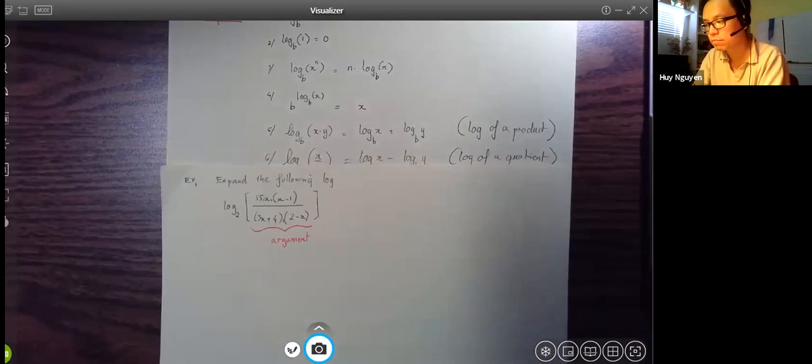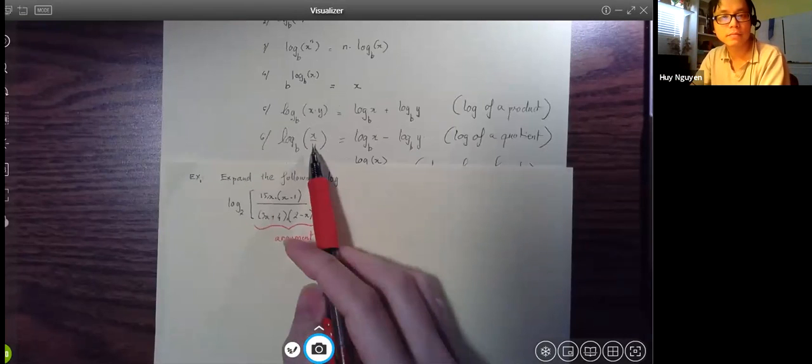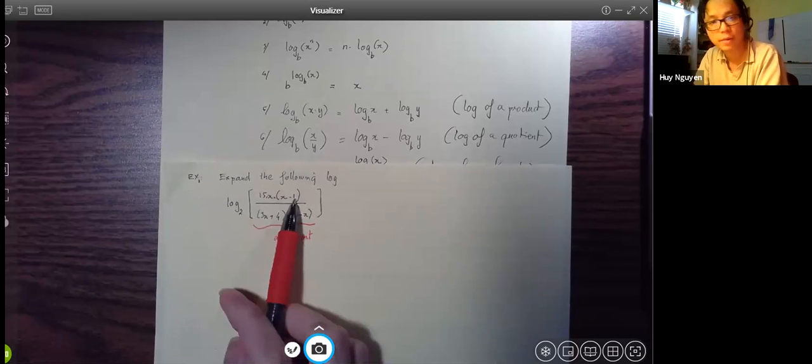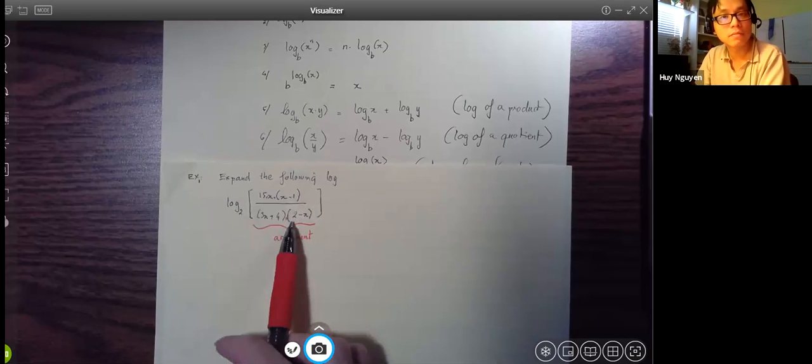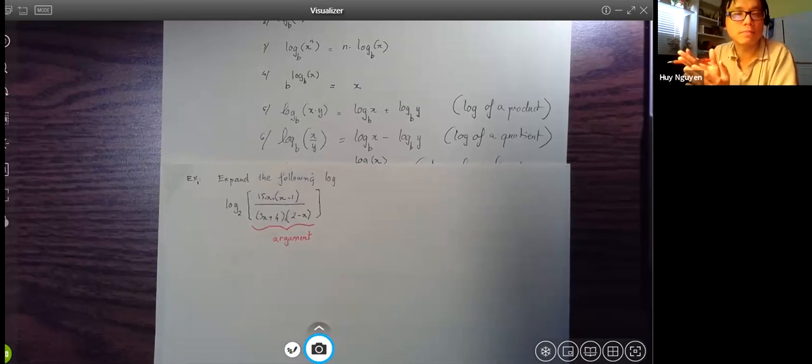Property 6? Yes, because we have a fraction. The argument is a fraction, because we see the big bar right here. We have a numerator and a denominator. It means that we must use property 6 and property 5 to do this.